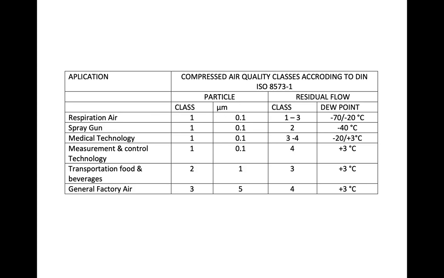In terms of the dew point, which is related to the water content in the compressed air, general factory air requires class 4, which means the maximum allowable dew point temperature is 3 degrees Celsius.